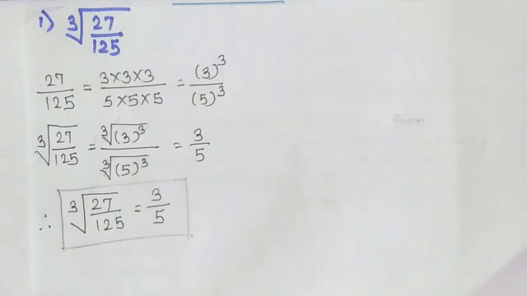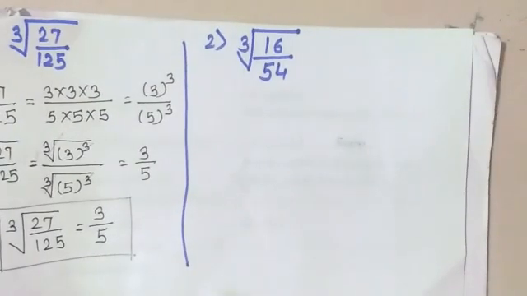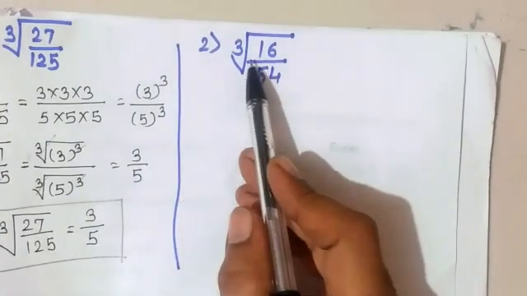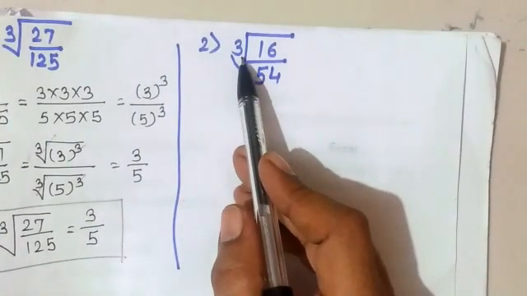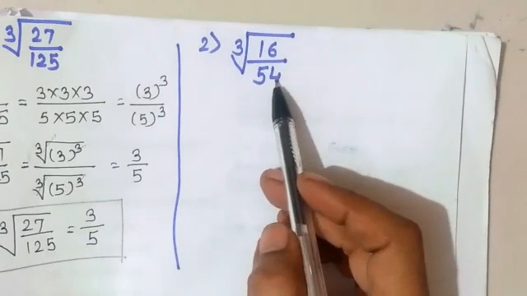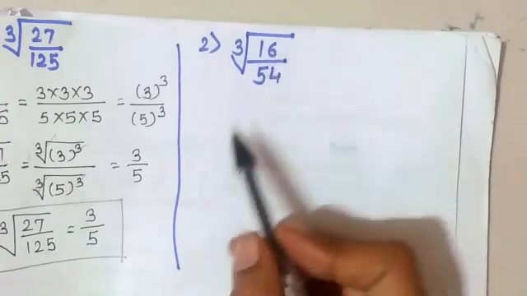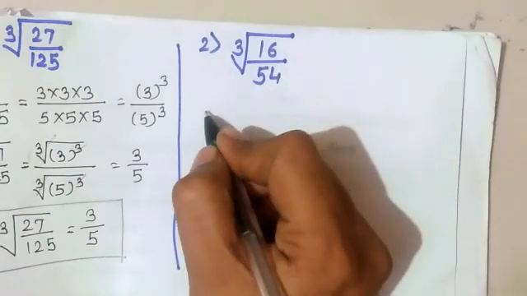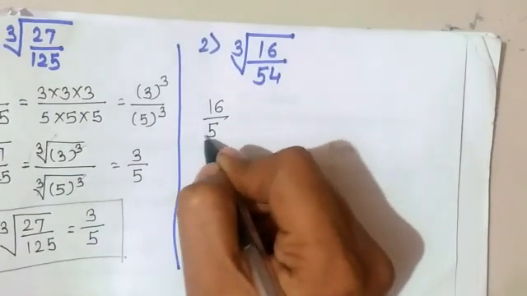Therefore, now let's move towards the second sum. So here our second question is in the cube root. It means we have to simplify this sum. Cube root of 16 upon 54. Here we have to take this number aside. 16 upon 54.